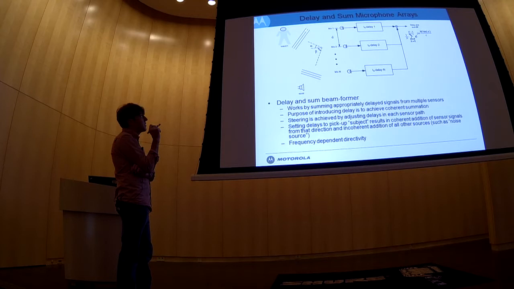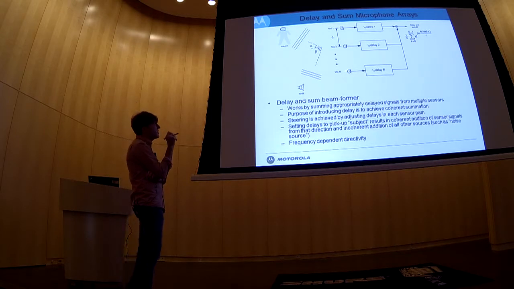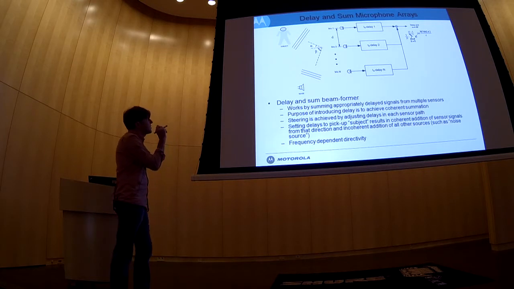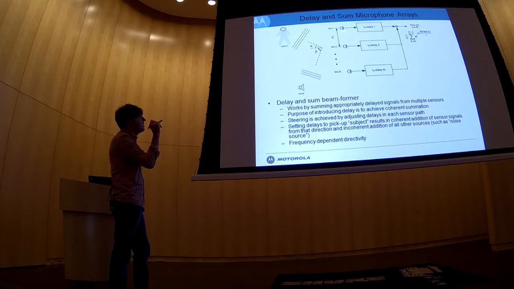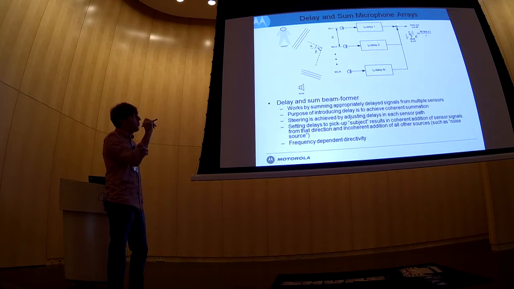So the delay and sum beamformer can steer its direction of maximum sensitivity simply by adjusting these delays in each of the branches. And let's see how that is done. If we have a source of interest, this subject, and that source of interest is at some angle alpha, a plane wave arriving from that subject will first hit the first sensor and will hit the Nth microphone sensor last. In order to synchronize all of these signals before they go into the summing junction, we have to apply maximum delay on the line of microphone 1 and not delay the last line.